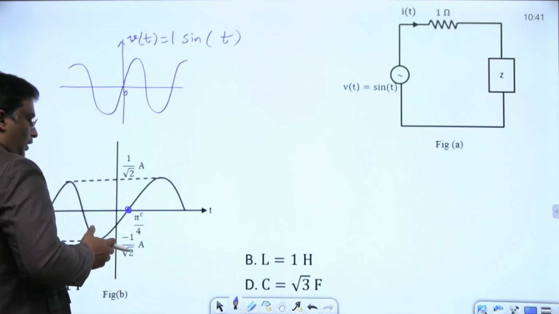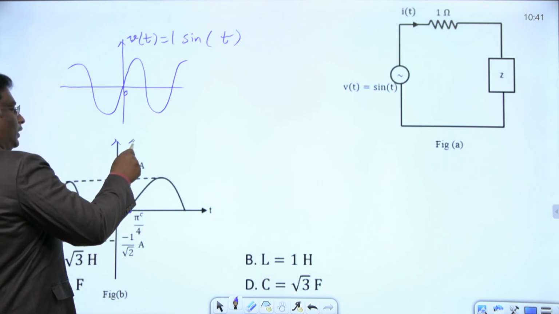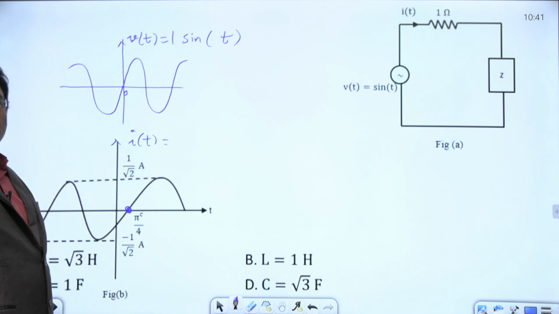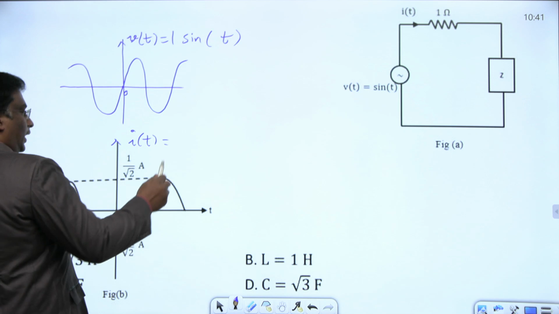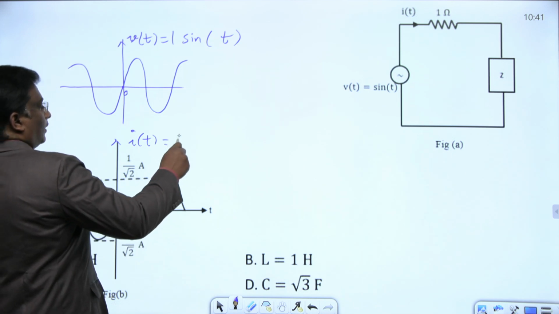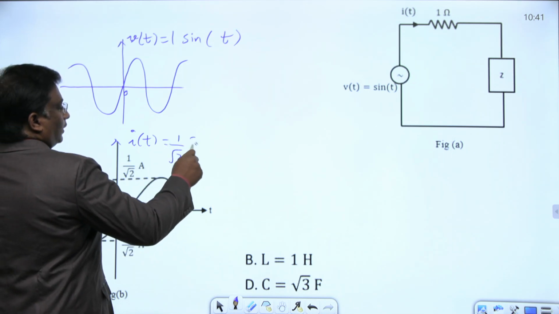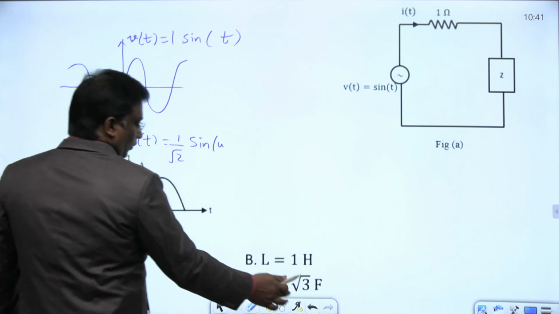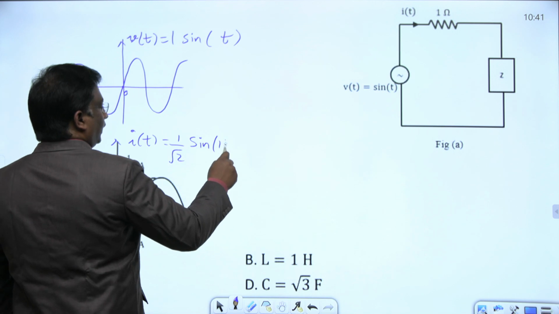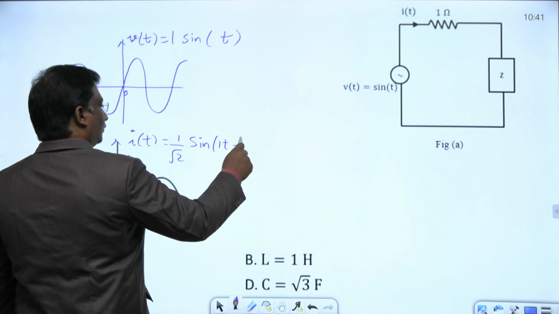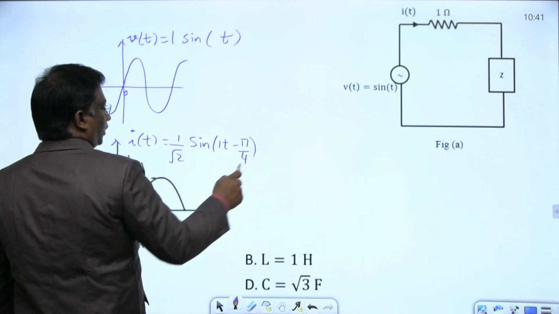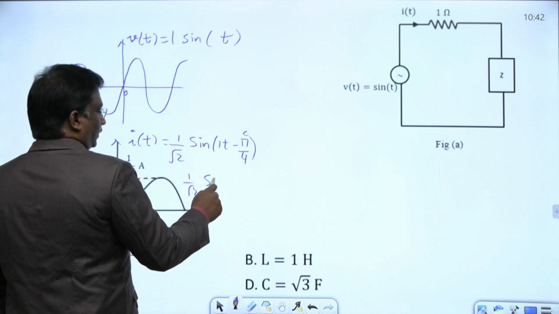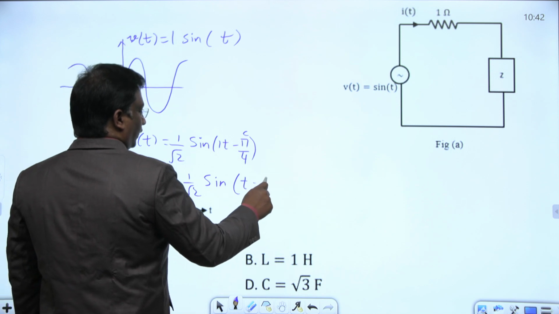This I of t has magnitude 1 by root 2, also a sine waveform, delayed. It is 1 by root 2 sine of, delayed by what amount? Here omega equal to 1, so t minus pi by 4. Pi by 4 is nothing but 45 degrees, in radians. So it is 1 by root 2 sine of t minus 45 degrees.